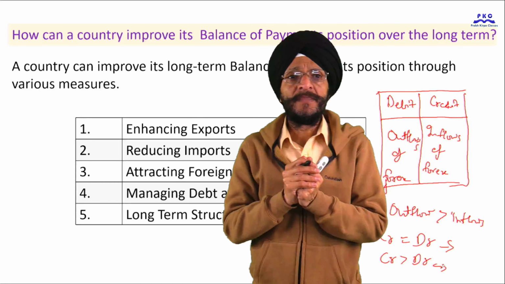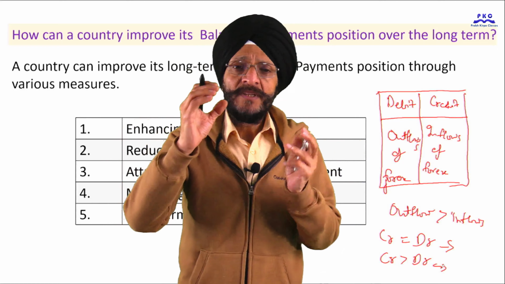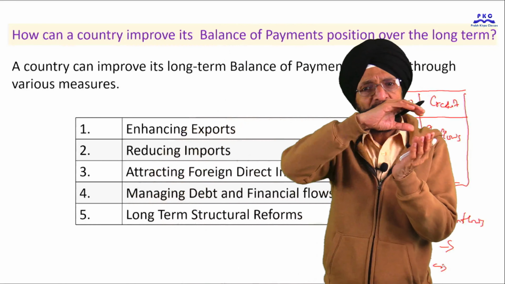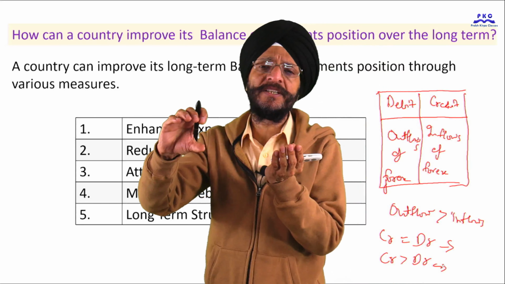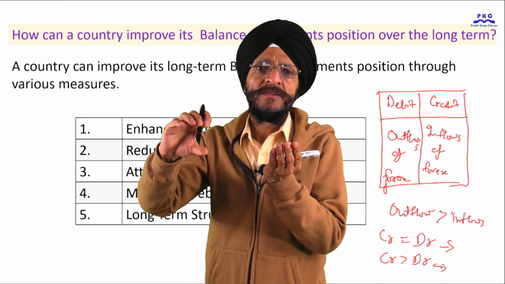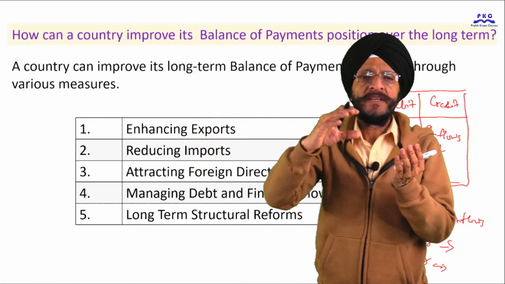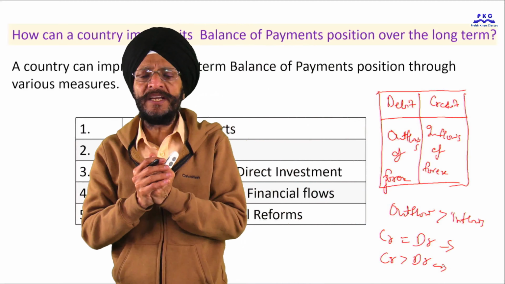Rather, improving balance of payments means that if there is any imbalance, it has to be within a manageable range. It should not be excessive. If there is any deficit in the balance of payments, then it should not be excess.